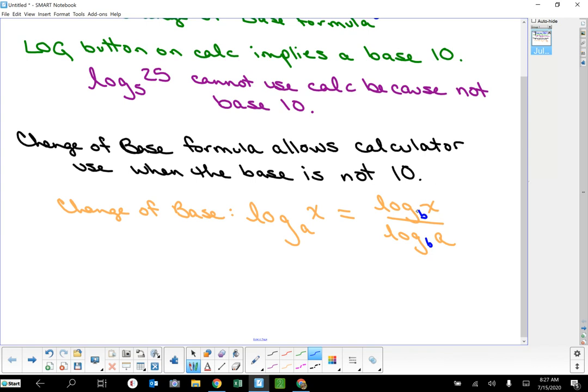So if b is 10, then you don't even need them there, because base 10 is implied and you just have a log. If you put an e in there, log base e of x, that gives you the natural log of x over the natural log of a. So you can use this if you have a base of e as well. It's useful if you have any of those kinds of things.